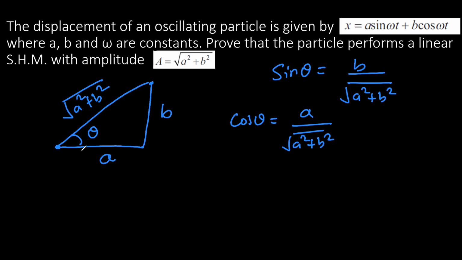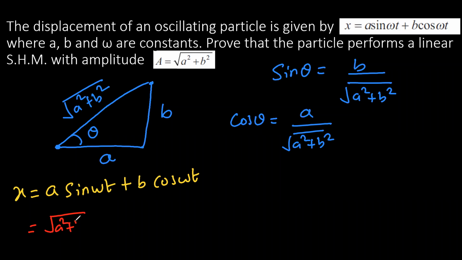Then what is the x? See, what x did they give? X is a sin omega t plus b cos omega t. Now from the given one, what is a? A is cos theta into root a square plus b square. So I can write root a square plus b square into cos theta into sin omega t.